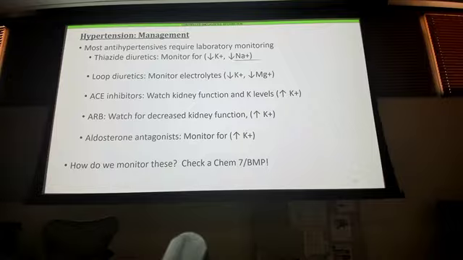Some go up, some go down. And fortunately, these two variables you can easily check by doing just a basic metabolic panel or a Chem7. It will have those values. The only value that the Chem7 or BMP does not test for is magnesium. So if you have somebody who's on a loop diuretic for heart failure, then you're probably going to need to add testing for magnesium to make sure that their magnesium levels are appropriate.